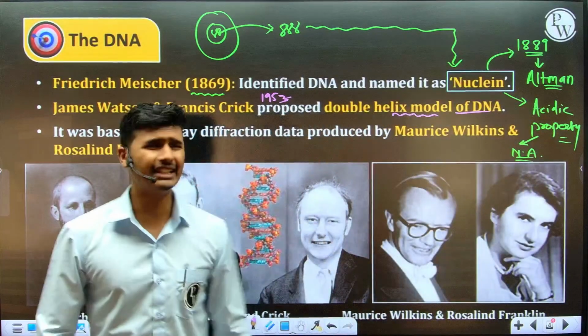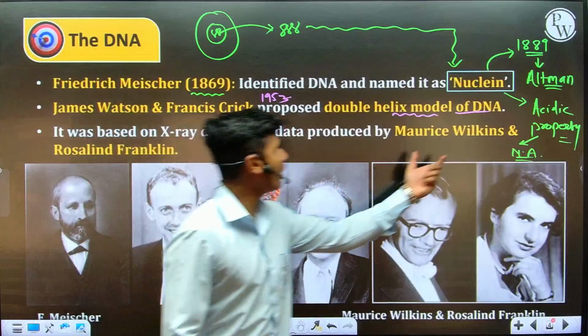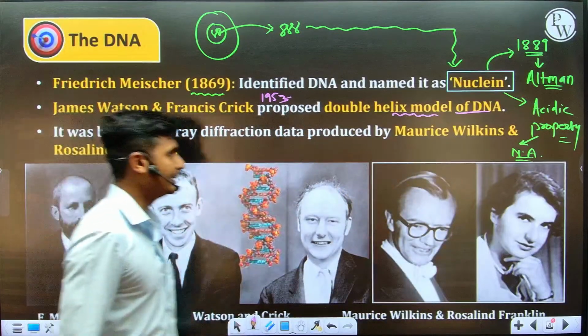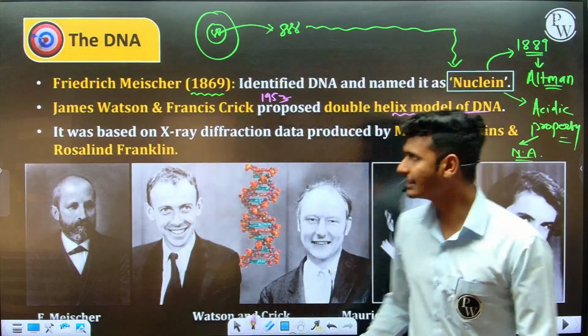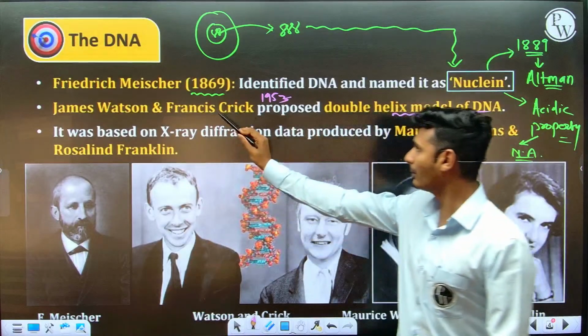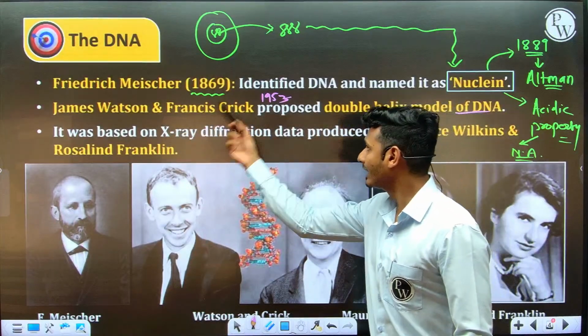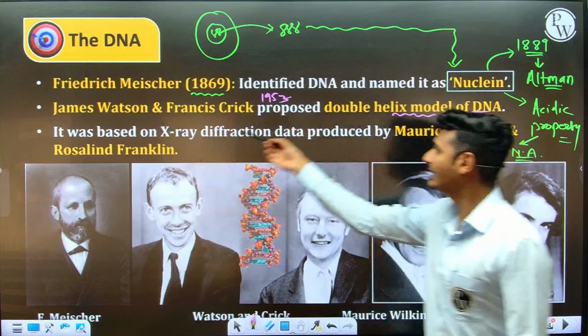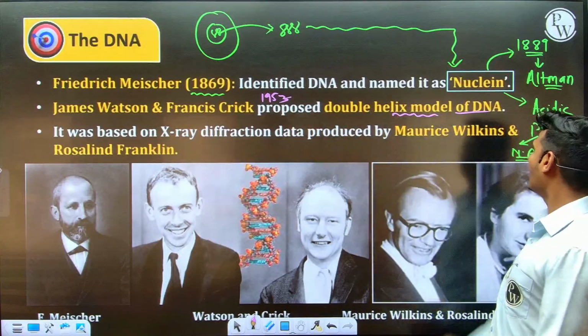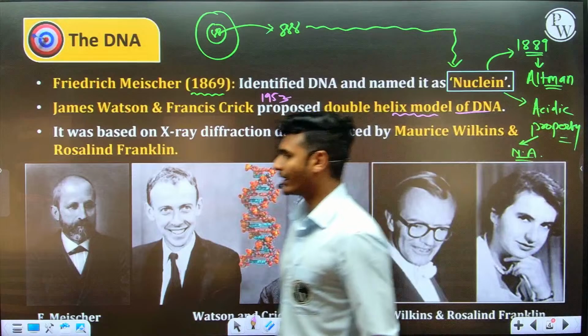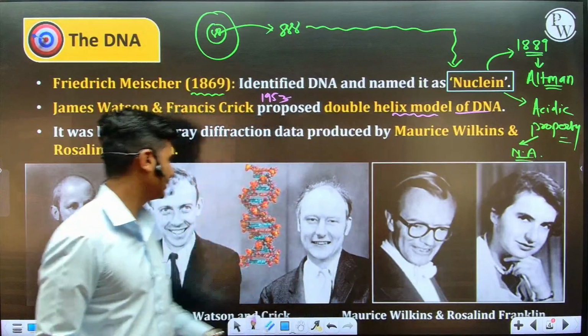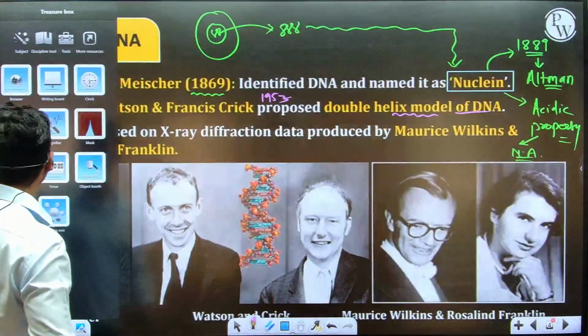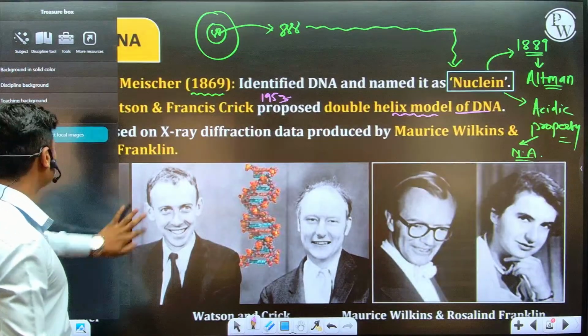Now this model is based on the discovery of Wilkins and Franklin, Rosalind Franklin and Wilkins. So this model given by Francis Crick and James Watson depends on Rosalind Franklin's and Wilkins' work. Okay, so now let's customize the slide, and let's discuss the structure of DNA.